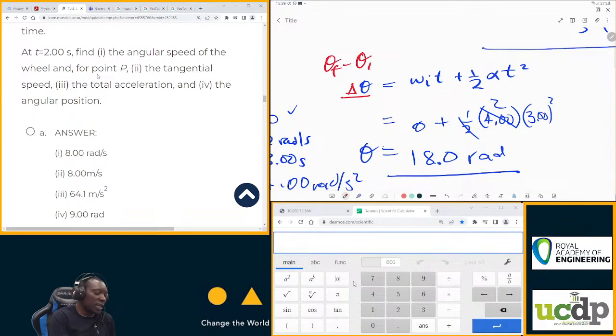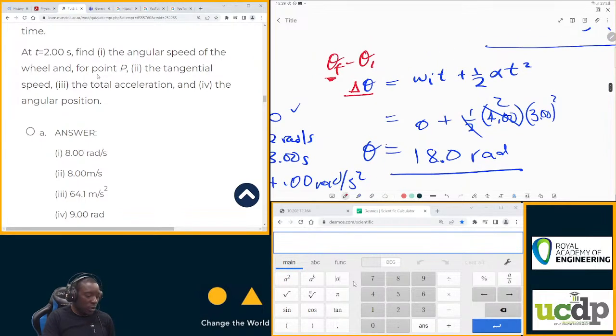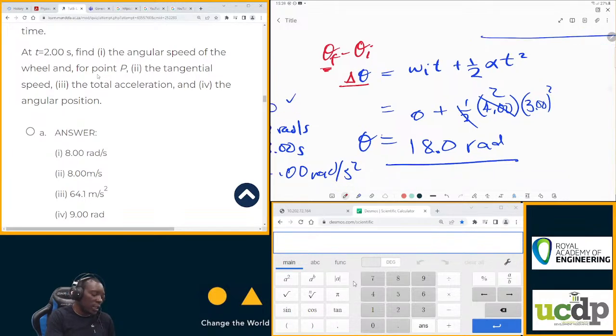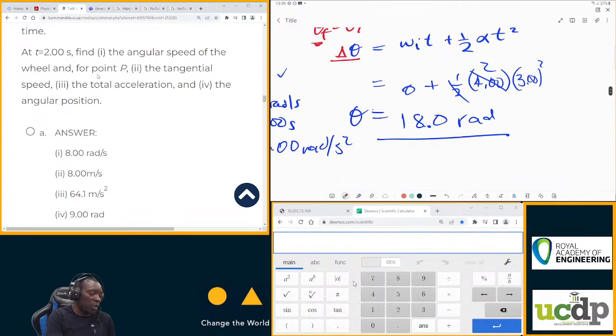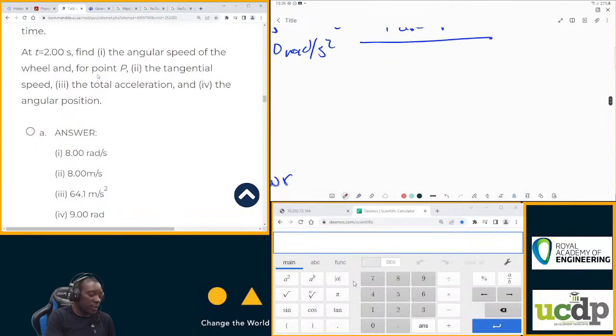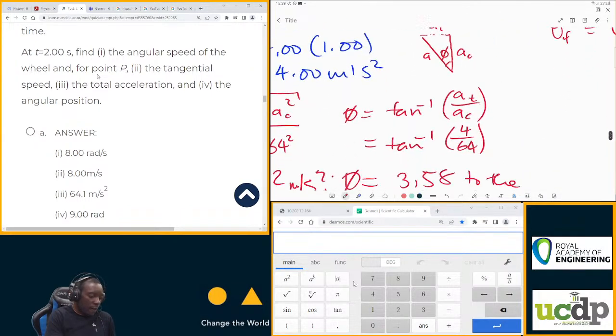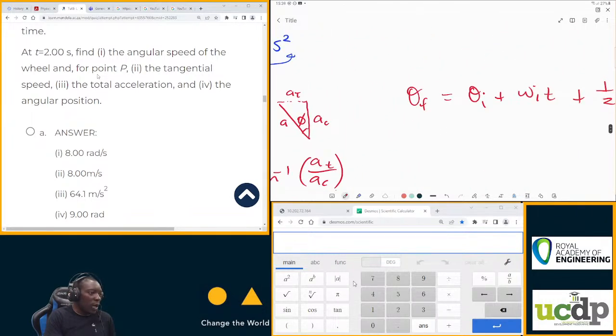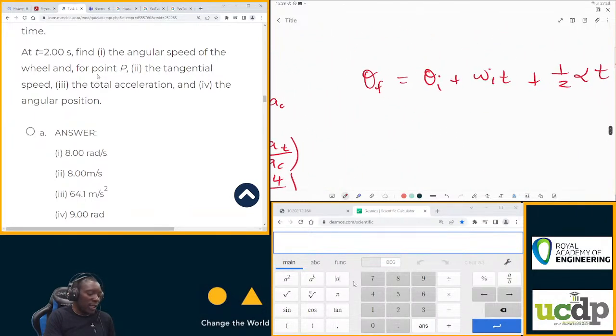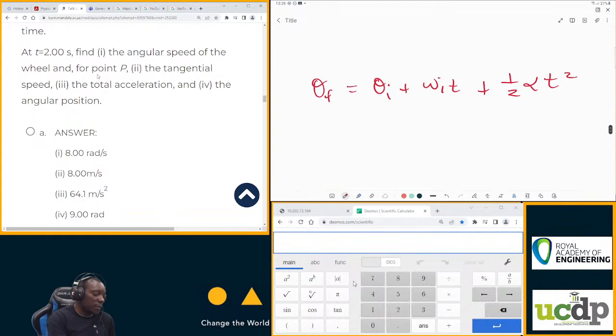Usually if your reference is 0, then the shift in the angular position is equivalent to the final position. Assuming your theta initial reference is the 0 position, then theta final is generally equivalent to the angular displacement. In this case, we want the final position and not the displacement.